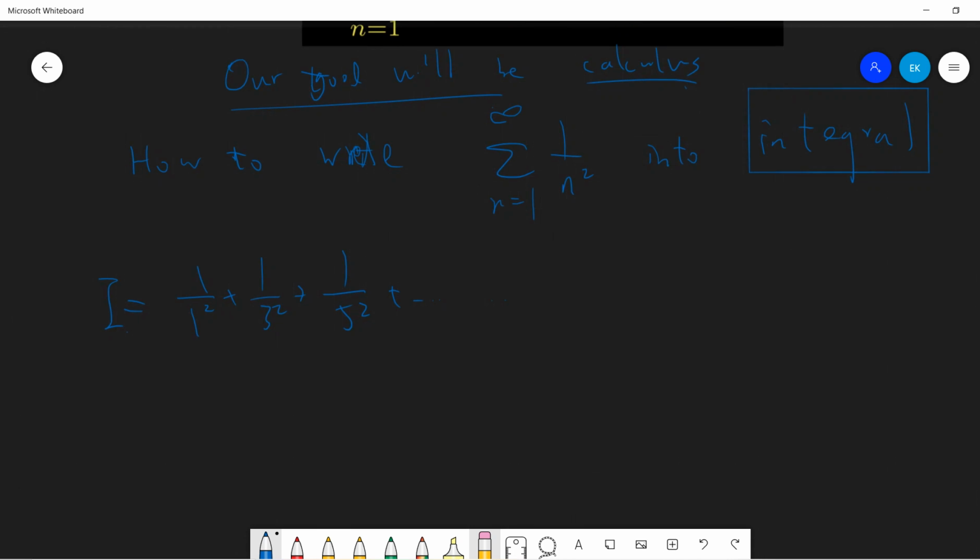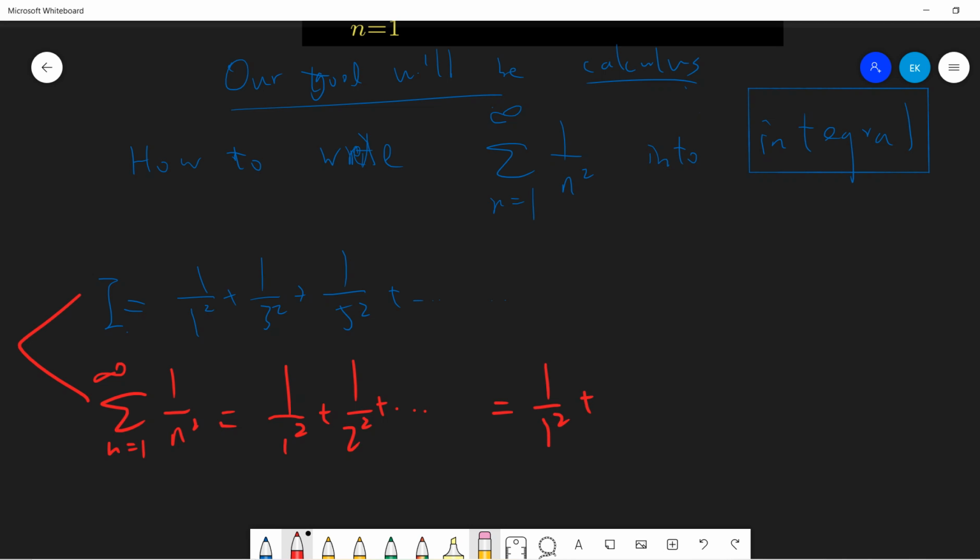A reminder: our original goal is this one, S. I can write it as this, and I can pull out 1 over 2 squared, and it becomes the same thing. It is the same idea: I only pull out all the even powers.